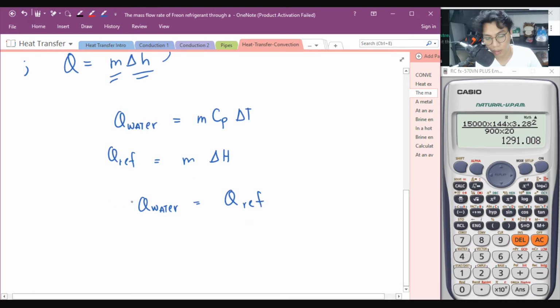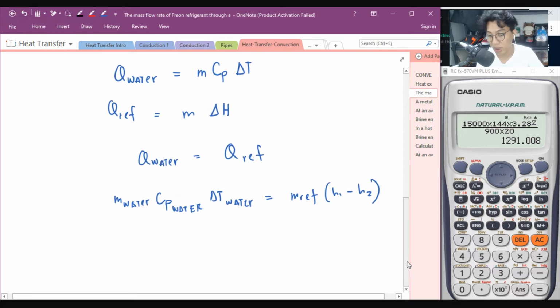Now, M ng water is equal to, multiplied to the specific heat at constant pressure ng water, delta T, dun sa water lang, equal to, yung Q ng refrigerant, M ref, H1 minus H2. Entry and exit or whichever is higher.